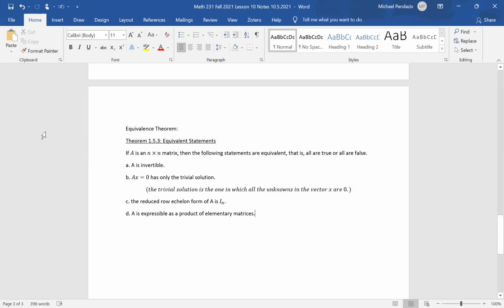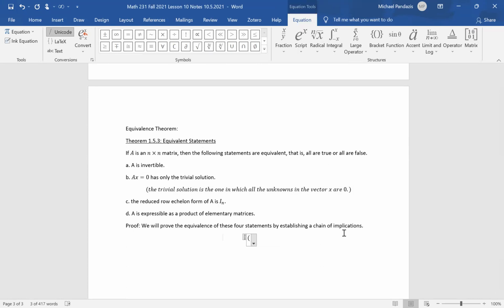So let's prove it. Okay, so let's look at the proof. So we will prove the equivalence of these four statements by establishing a chain of implications.